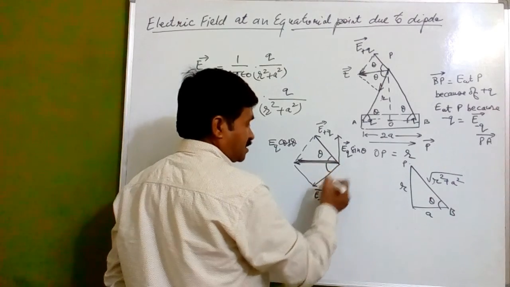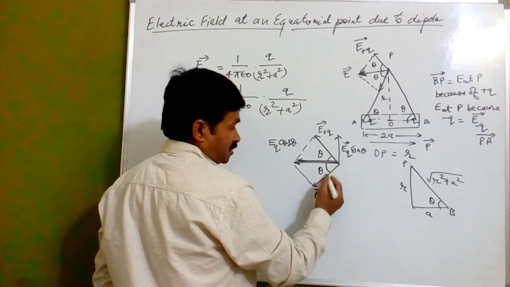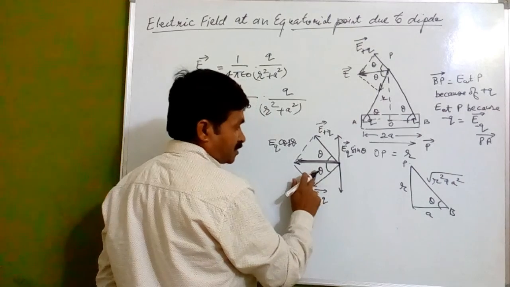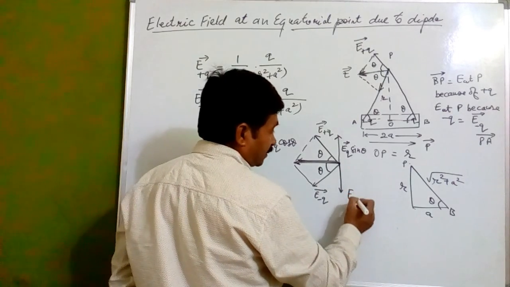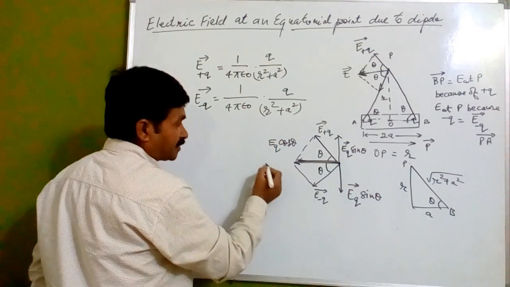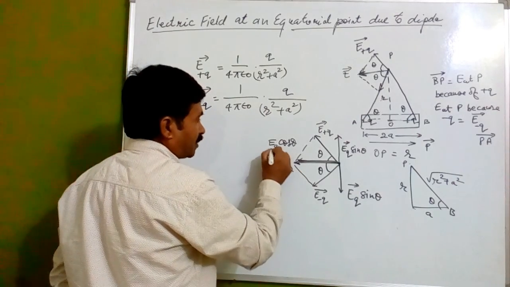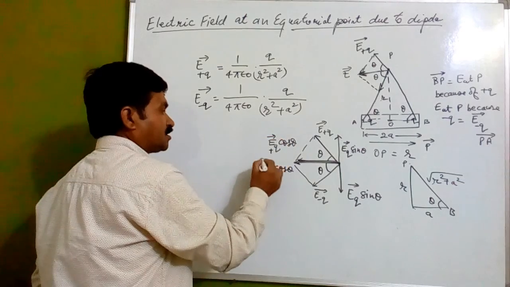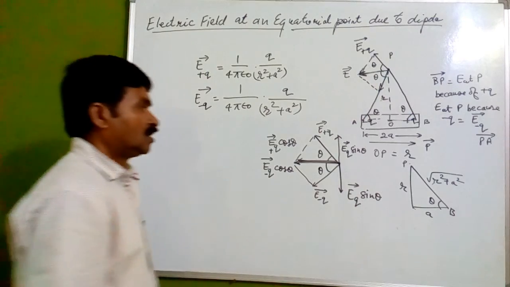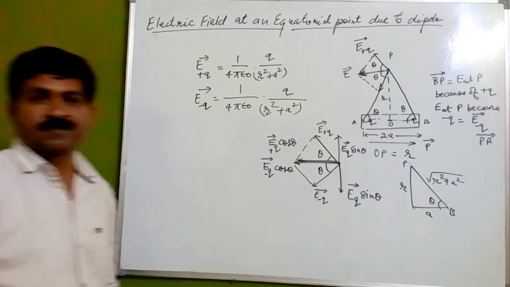Similarly, the electric field because of the negative charge, here we are again taking components, one horizontal and another vertical. Here again we have E cos theta because of this and because of this. So you will see the components which we have got.